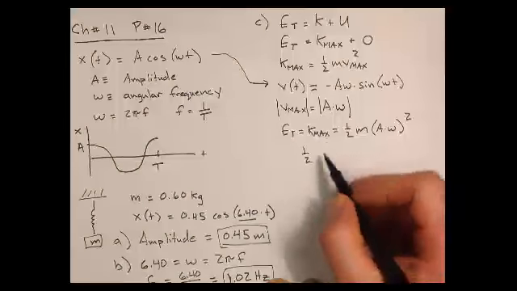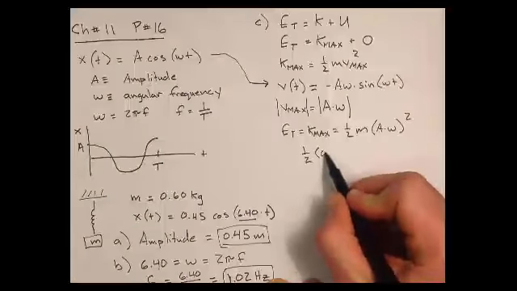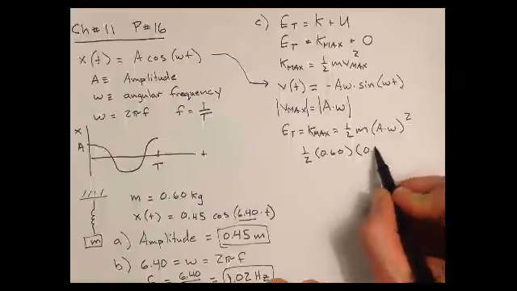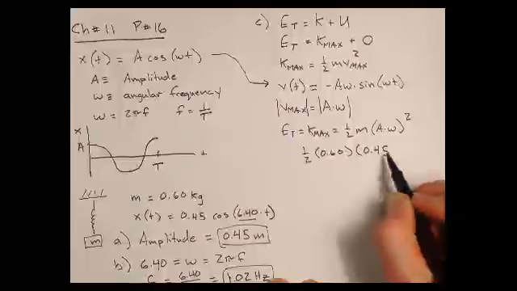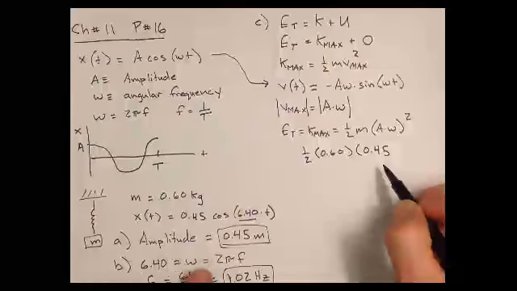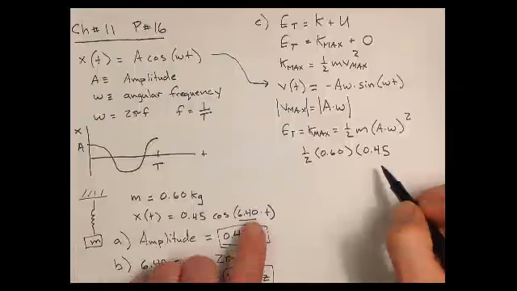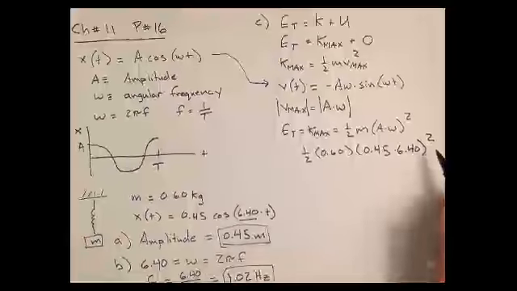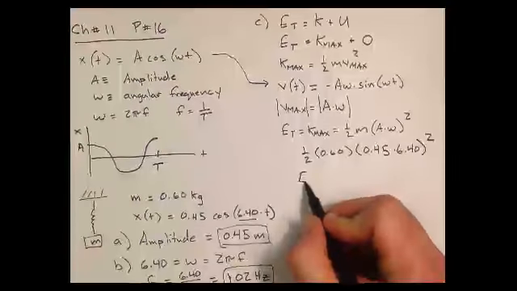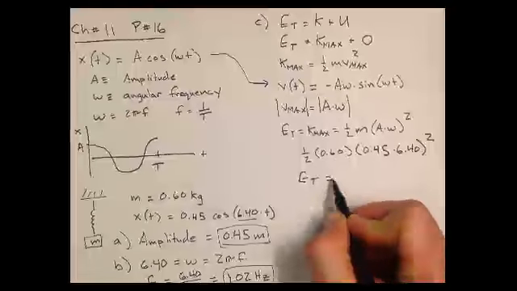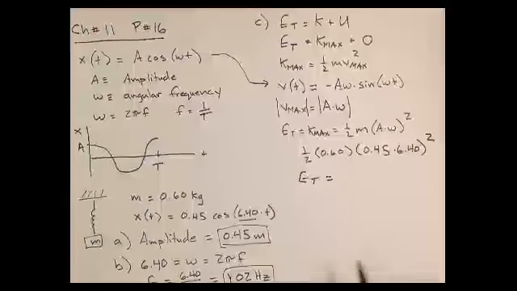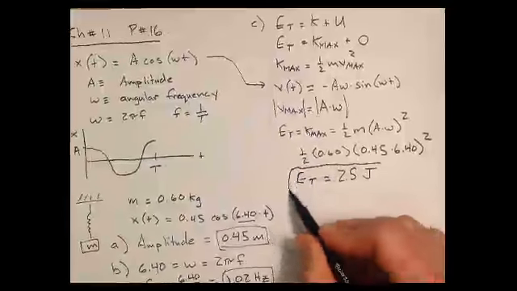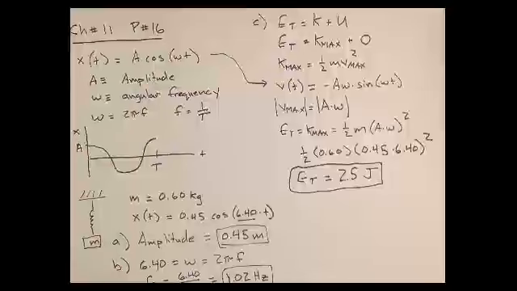So plugging everything in, I get 1/2 times my mass, 0.60, times my amplitude, 0.45, times omega, which is 6.40, my angular frequency, squared. So plug that all in, and I get E total is equal to 2.5 joules. Okay? So that's my total mechanical energy.